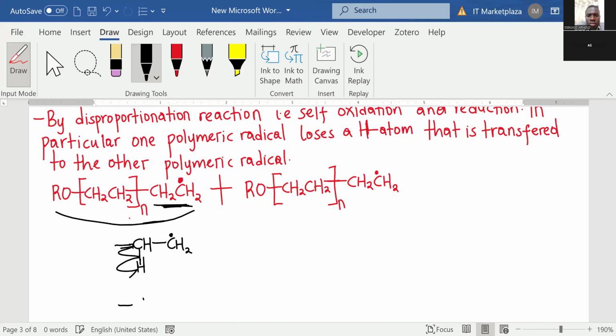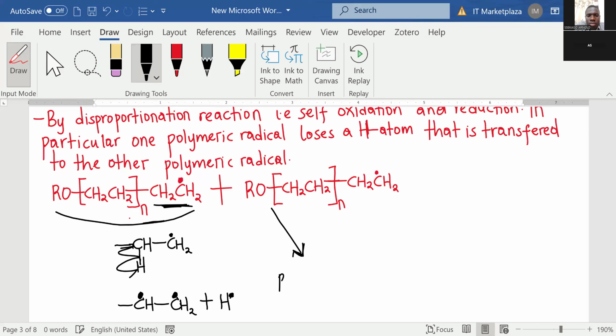We form CH with a dot, there is a bond here, CH2 with a dot, plus a hydrogen that has a dot. Now that hydrogen that has a dot is transferred to the other radical. Then these two dots, this dot and that dot, are put together to form a second bond.